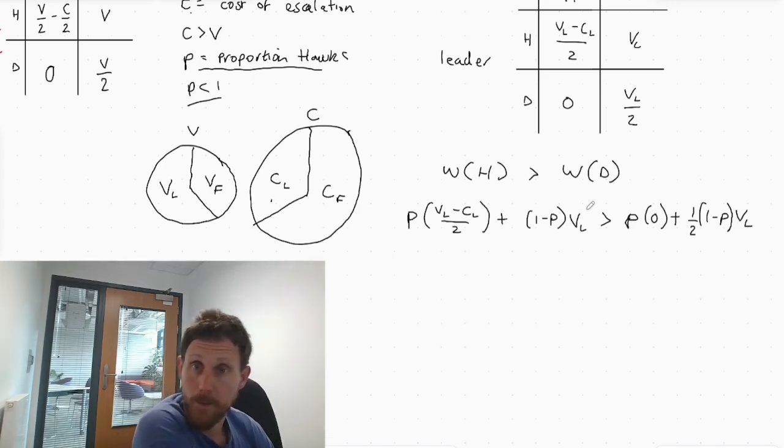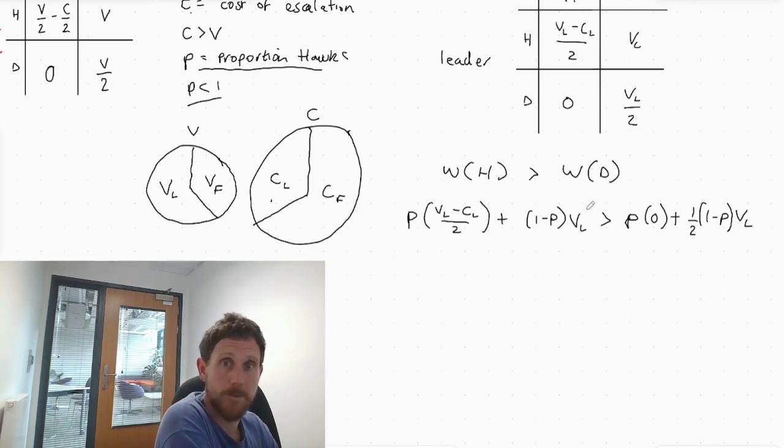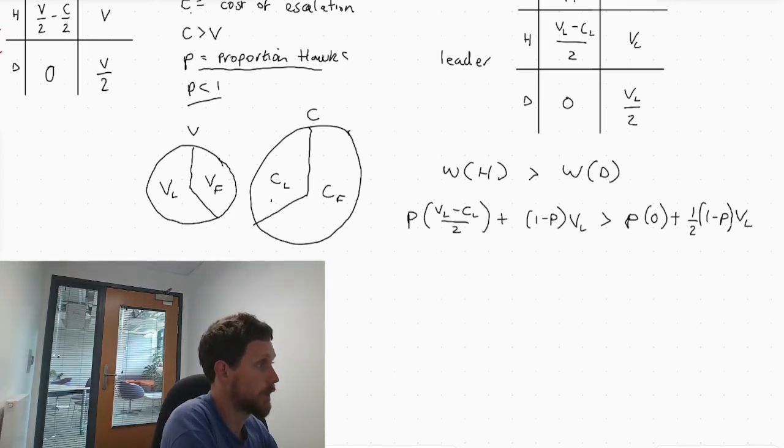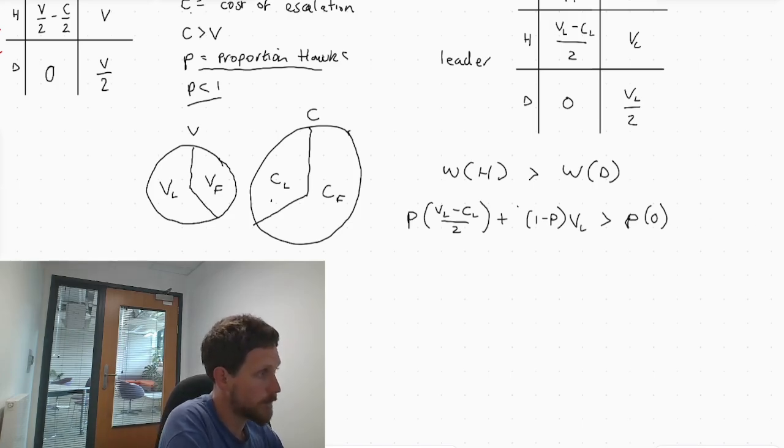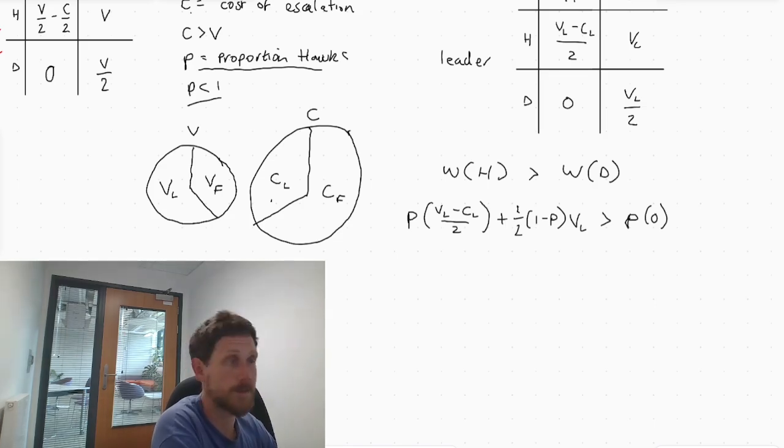Now we can see we have 1 minus P times VL on the left and on the right of the equation, so we can subtract half of (1 minus P) VL on both sides, which leaves a half (1 minus P) VL on the left hand side.